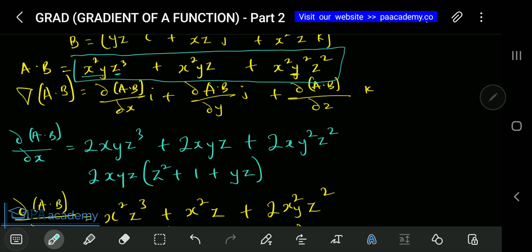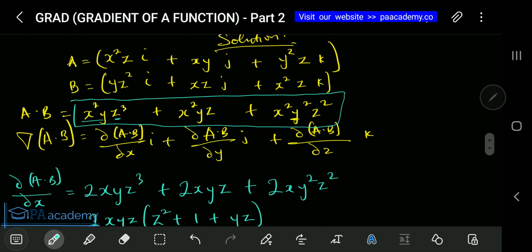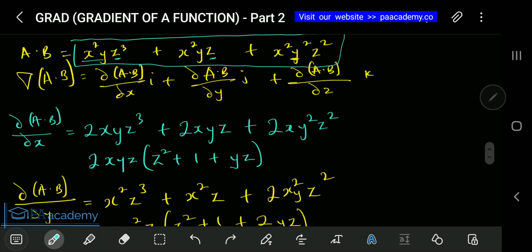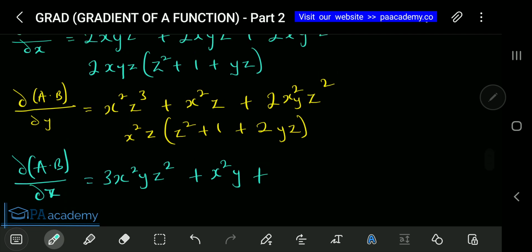So x squared and y will remain as a constant. So we'll be having 3x squared y z squared plus. So let's go to the next one. If you differentiate with respect to z, z will be 1, so x squared and y will remain as a constant. So we'll be left with just x squared y. So let's write this: x squared y plus.